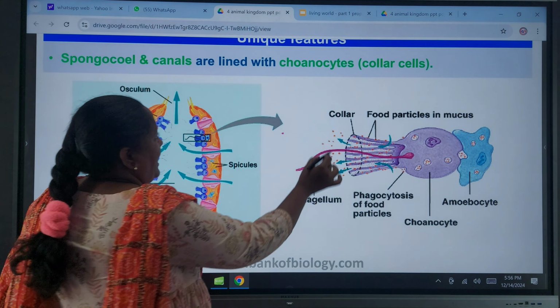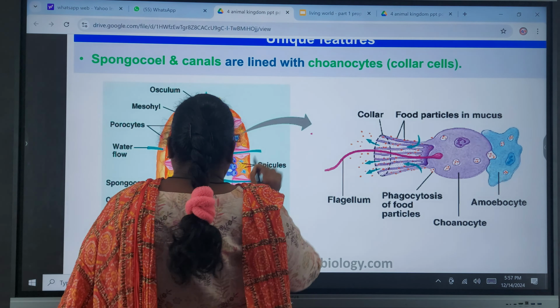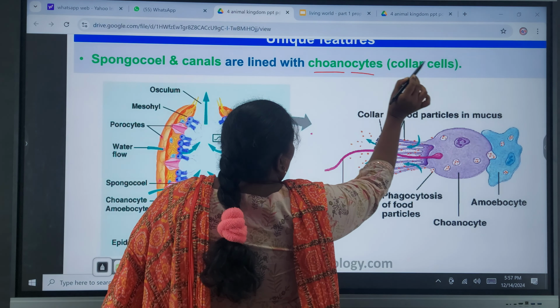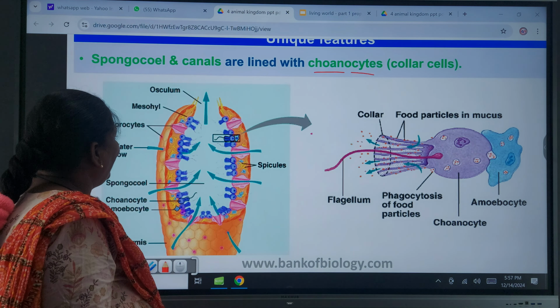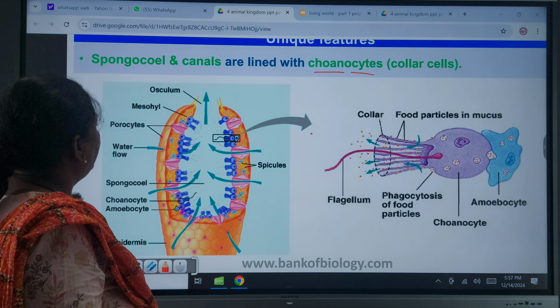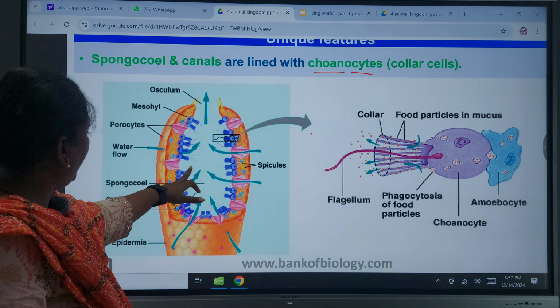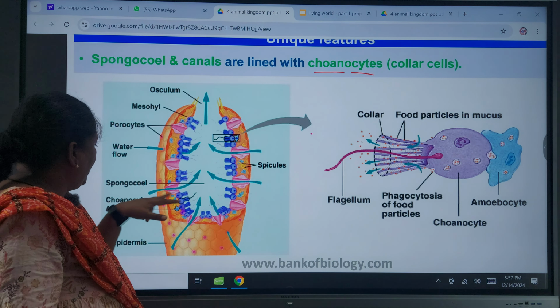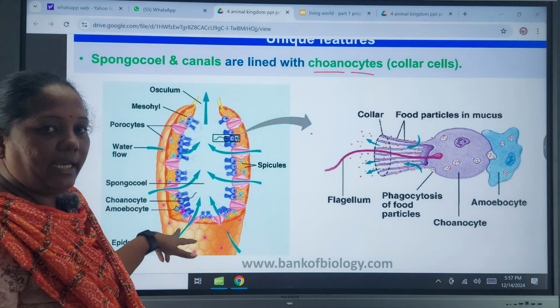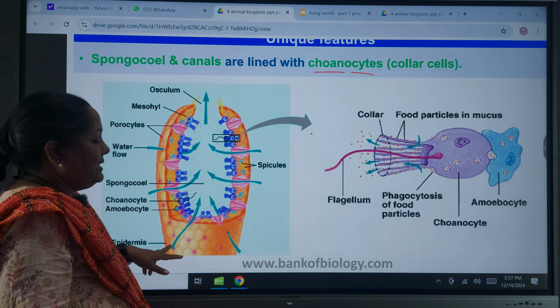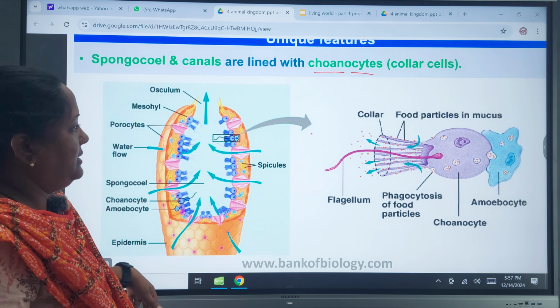Choanocytes are nothing but collar cells. You see here the structure of the sponge: osculum, mesohyl, porocytes, how water flows, the cavity called spongocoel, choanocytes, amoebocytes, which have no certain structure, and this layer is called the epidermis.